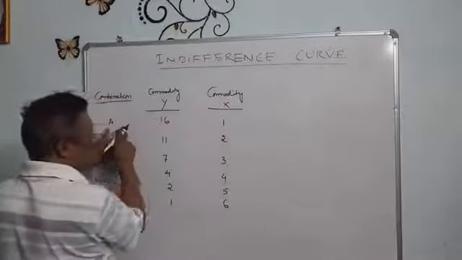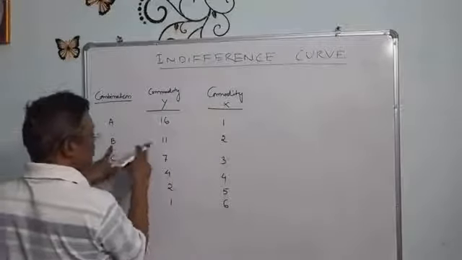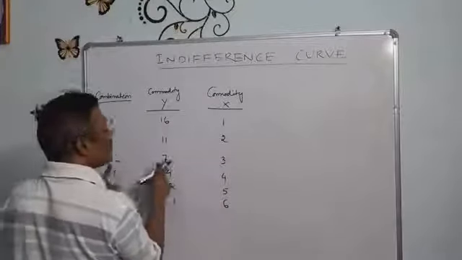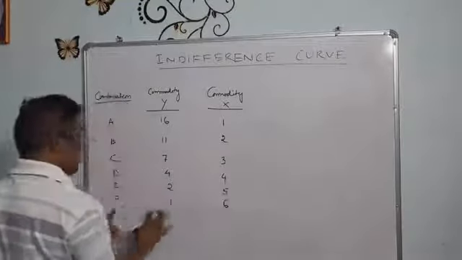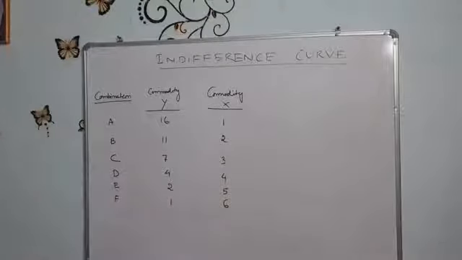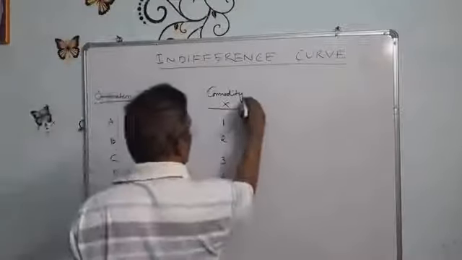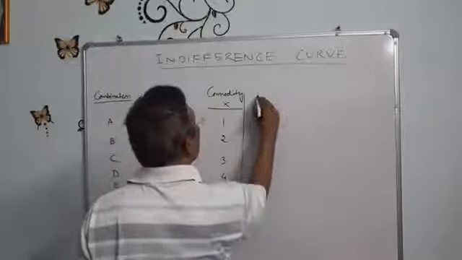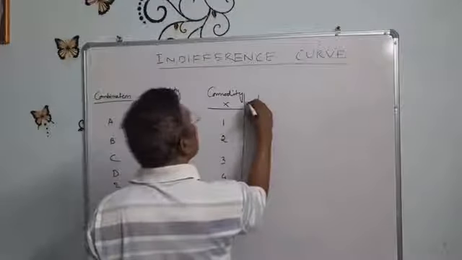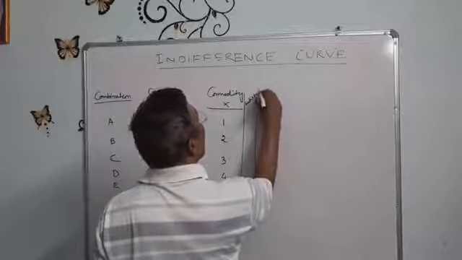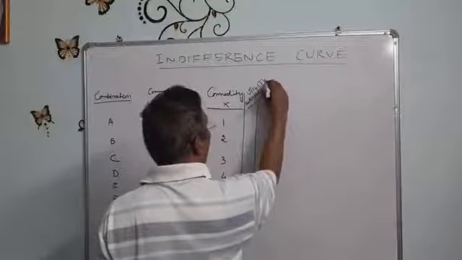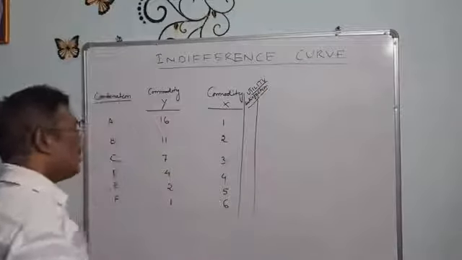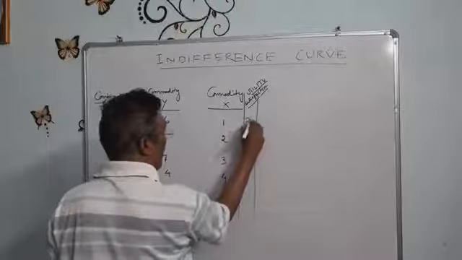A is the combination 16 and 1, B is the combination 11 and 2, C is the combination 7 and 3, D is the combination 4 and 4, E is the combination 2 and 5, F is the combination 1 and 6. So all these combinations give the same satisfaction. Let the satisfaction or utility be 25.